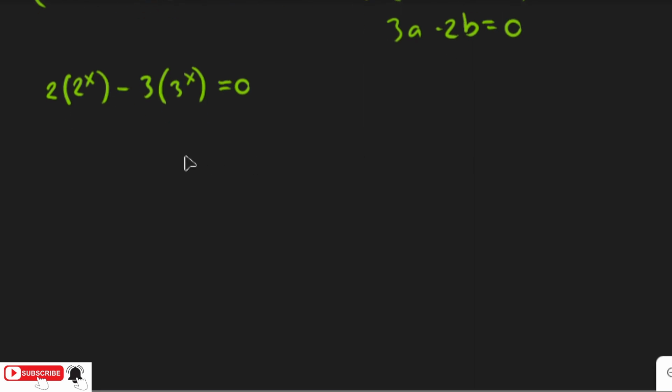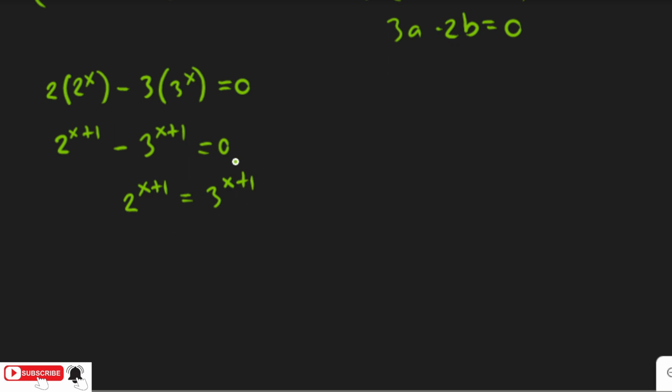So this can be solved now from the exponent rule as 2^(x+1) is equal to 3^(x+1).